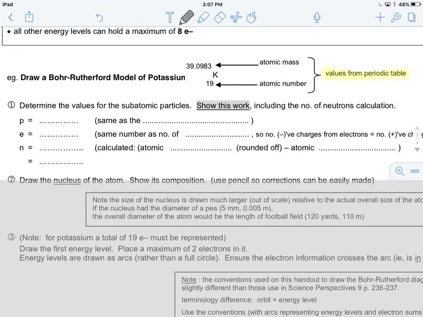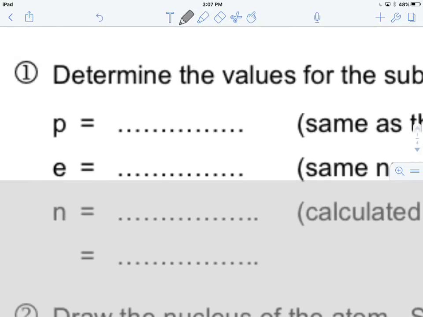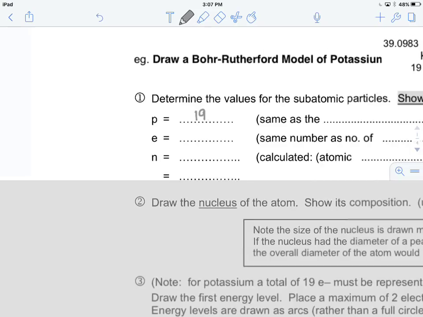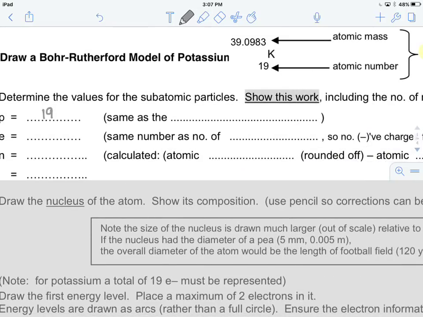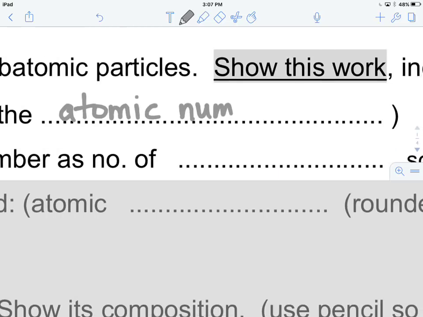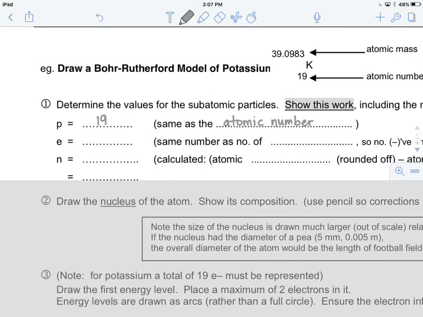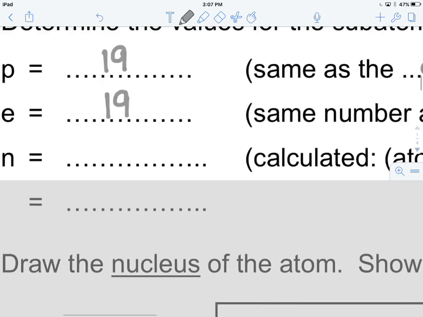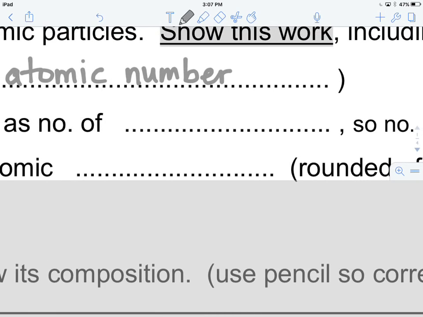The number of protons we saw from above is the atomic number. That's 19. So this is the same as the atomic number. Make sure you write this down so that you have it. The number of electrons? Well, that's 19 as well because it's the same as the number of protons.